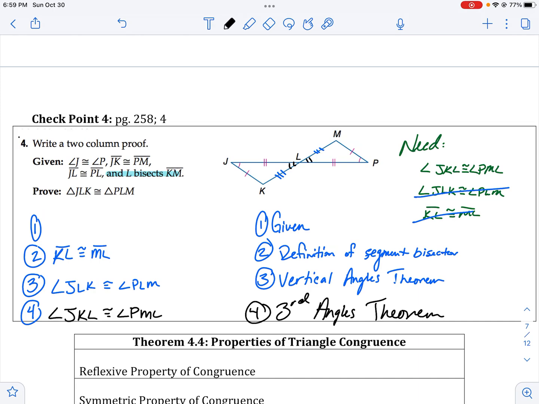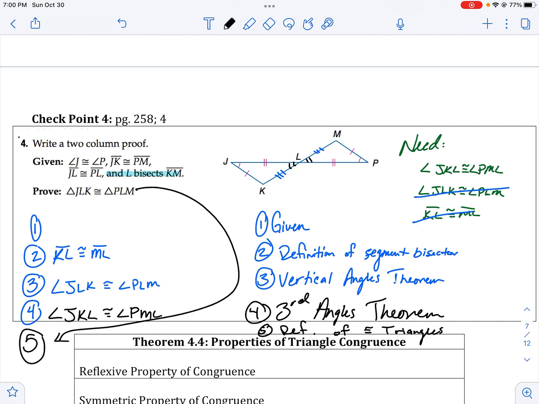My last step would be to say that my two triangles are congruent by the definition of congruent triangles. I guess I will fill it out, at least step 5. I should take that prove statement and put it right there.